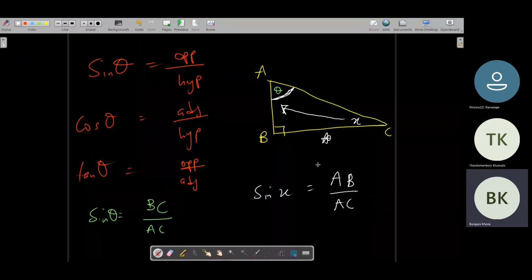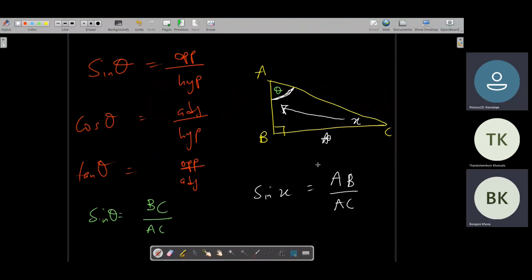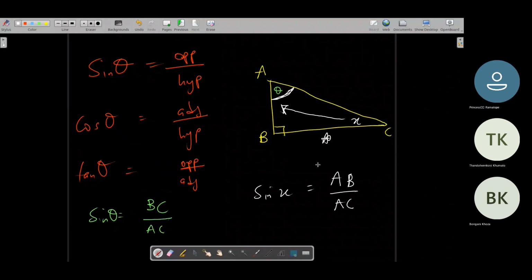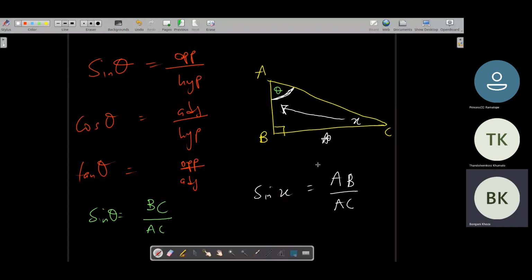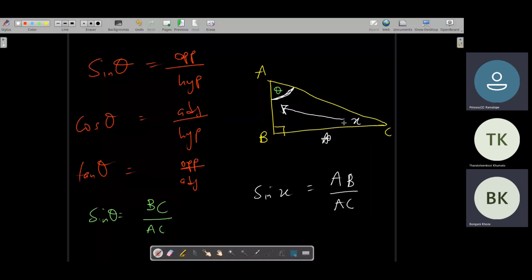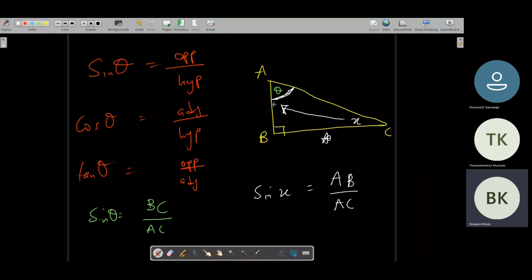AB is opposite your x, not your theta. BC is opposite your theta, not your x.